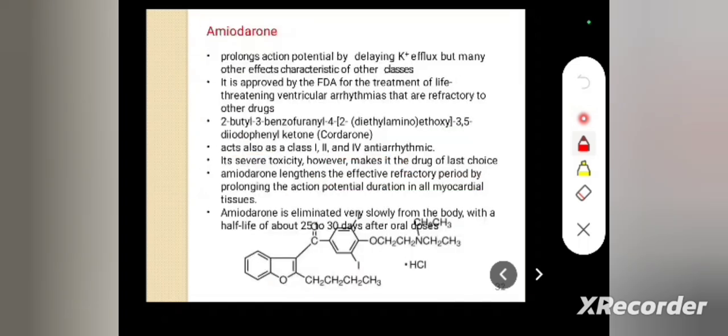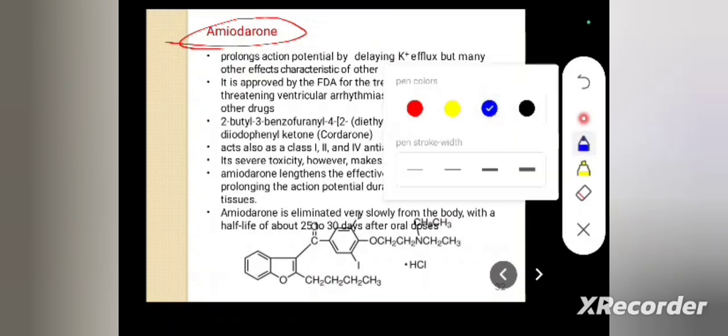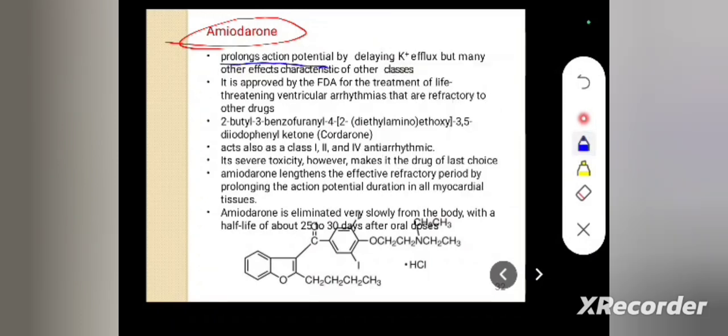So the next drug of the class third antiarrhythmics, the main drug of potassium channel blockers, is amiodarone. Amiodarone prolongs the action potential by delaying the potassium efflux, but many other effects are characterized by the other classes.